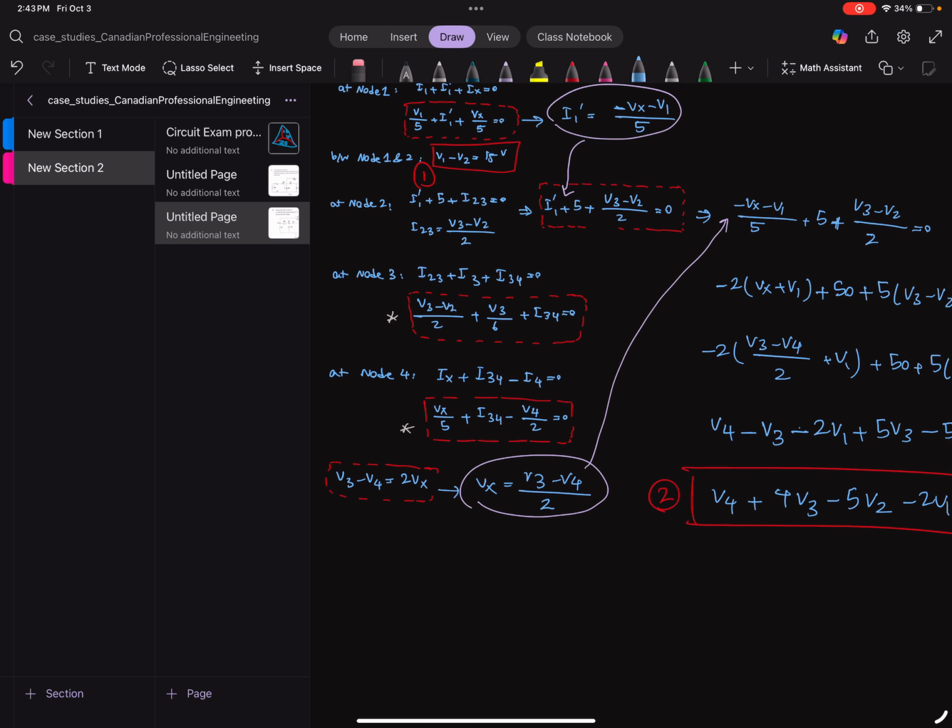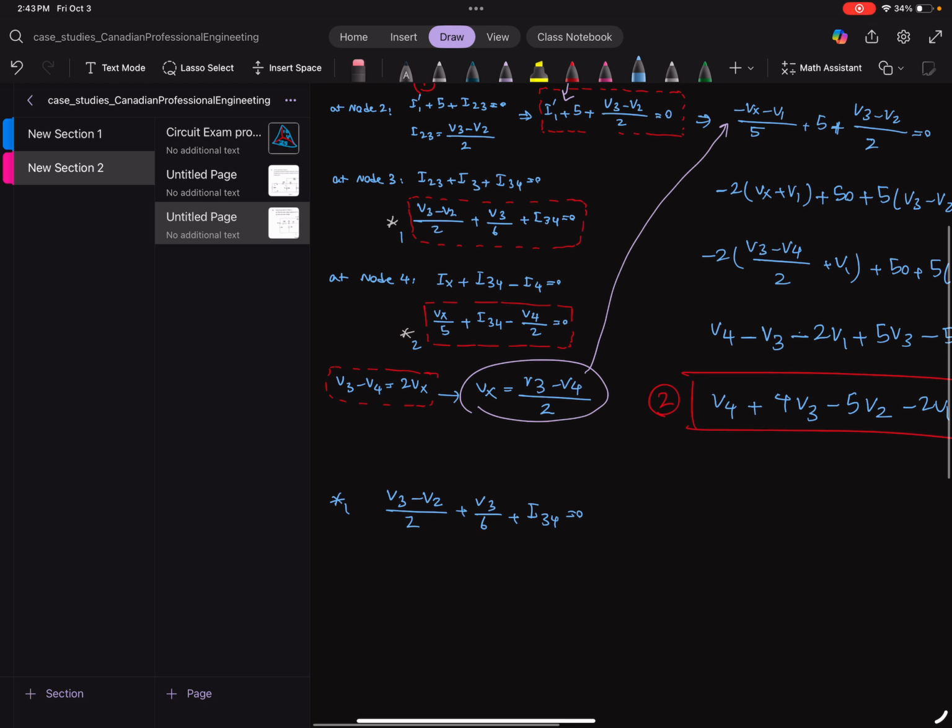Okay, so we can go from here to this one or the other way. So let's convert star 1. Star 1 is V3 minus V2 over 2 plus V3 over 6 plus I34 equals 0. Okay, I'm just repeating it here.